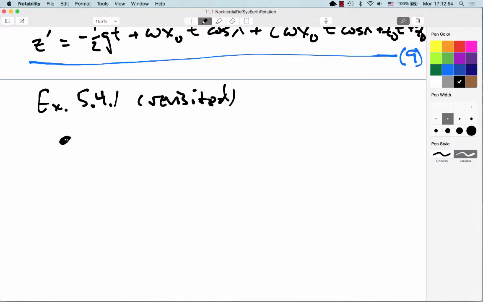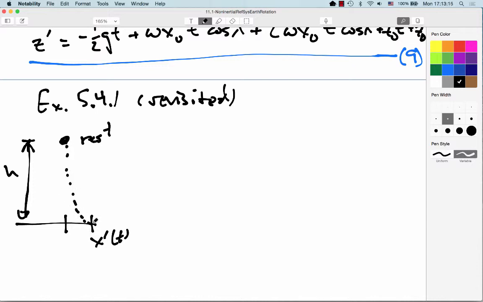So I'm dropping a rock from rest, some height h, like so, and it's going to land sideways at some location x prime as a function of time. So it's going to go like that is our trajectory.